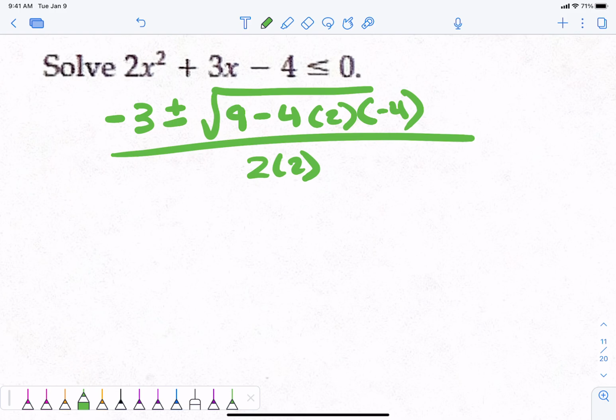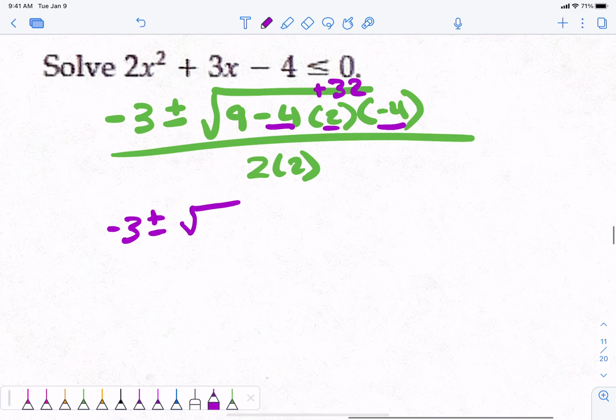So negative 3 plus and minus, let's solve this stuff in here. Negative 4 times 2 times negative 4, is that going to be positive or negative? Negative 8 times negative 4, so it would be positive 32. So plus 32, but then we have 9 on the end of it, so that is the square root of 41, all over 4.